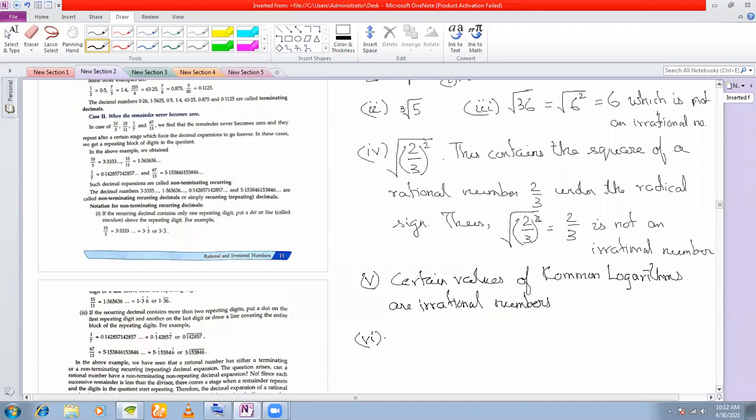Now, very surprisingly, you will ask how can pi be an irrational number, because we have worked with the value of pi earlier. Let me write the value of pi for you.